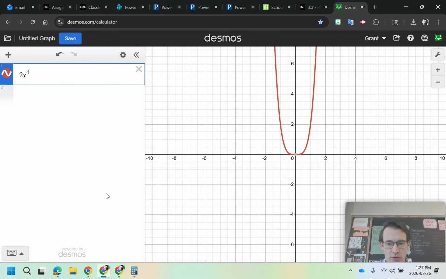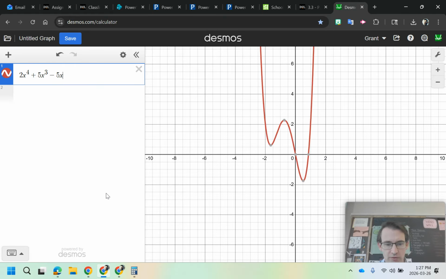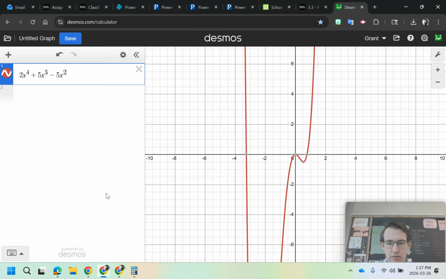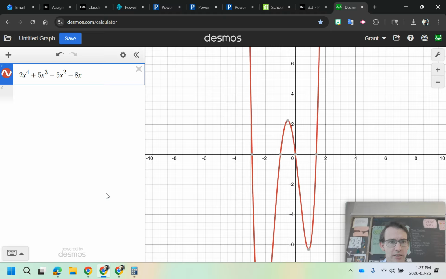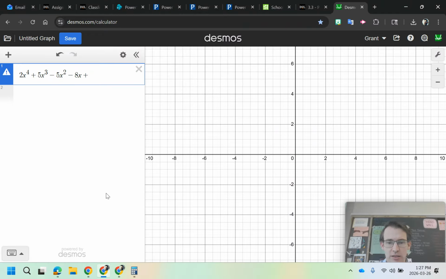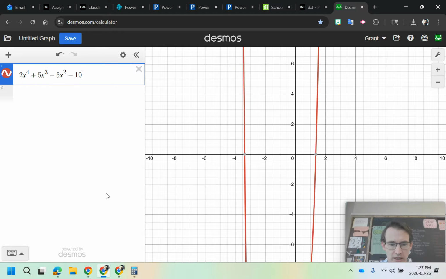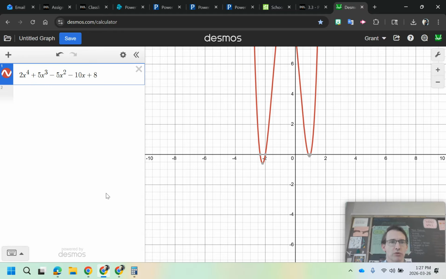2x to the 4 plus 5x to the 3 minus 5x to the 2 minus 10x plus 8. I was remembering that, and so there. Here is the one interval that we talked about, and here is the other interval that we talked about.